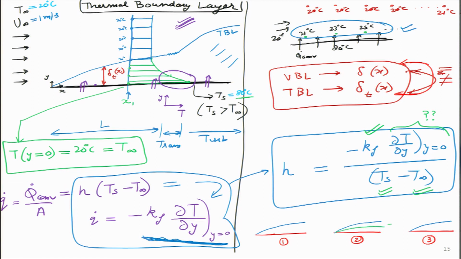Over here I will write this is the thermal boundary layer, and in case 3 it is like this. And in case 1, I have drawn it in such a way that the thermal boundary layer and velocity boundary layer are exactly the same.